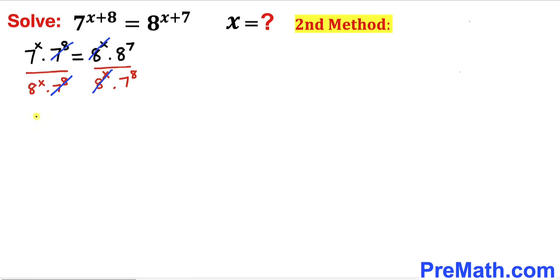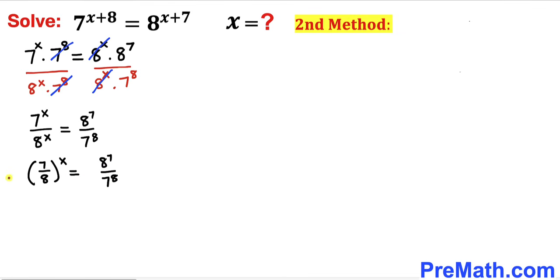So therefore we end up with 7 power x divided by 8 power x is going to be equal to 8 power 7 divided by 7 power 8. So therefore this could be written as 7 divided by 8 whole power x is going to be equal to 8 power 7 divided by 7 power 8.